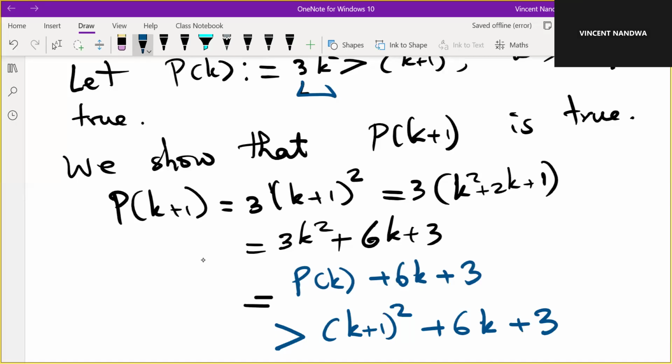We are saying that P of k plus 6k plus 3 will be greater than k plus 1 squared plus 6k plus 3. Why am I making that conclusion?